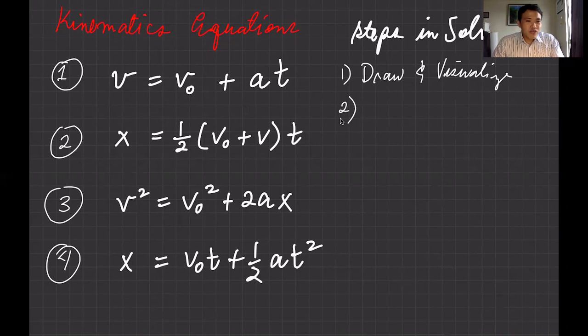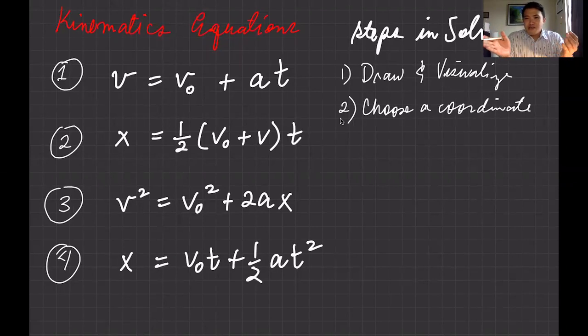Number two, choose a coordinate system. You usually start at x equal to 0. Even if the Earth is an unlimited distance, whatever is your starting position, choose that as your x naught equal to 0 to simplify the problem.